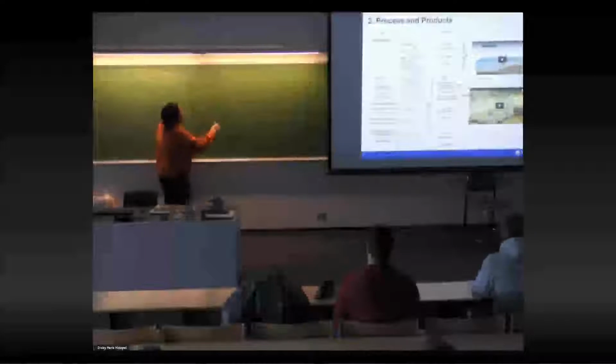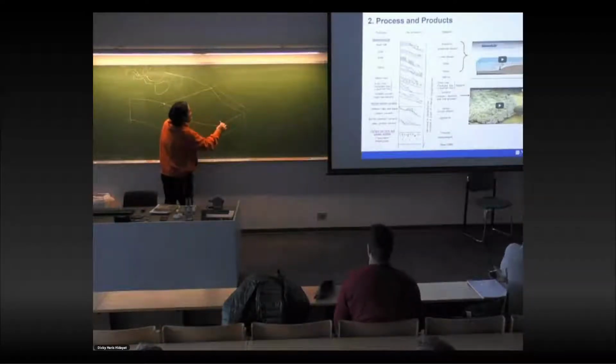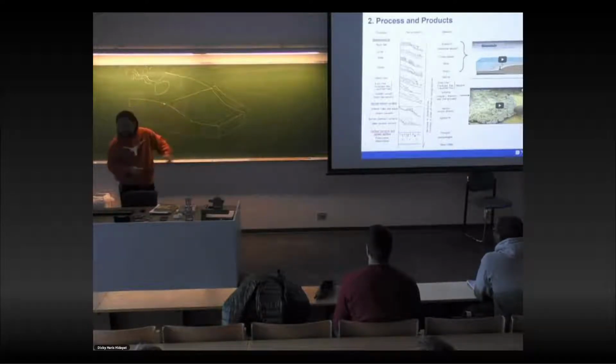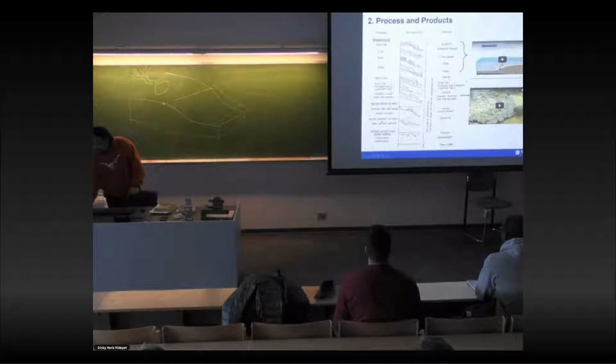Then you have a current on the basin floor that goes like this, right? This one is called a bottom current, and the deposit is called contourite.